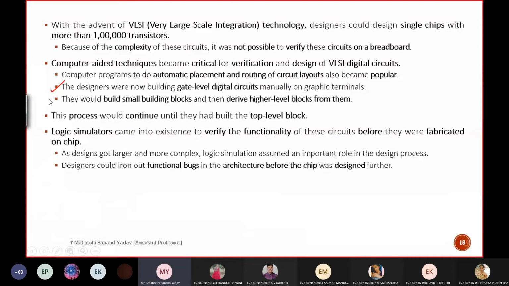The designers were now building gate level digital circuits manually on graphic terminals. They would build small building blocks and then derive higher level blocks from them. Suppose I want to design a half adder, what components do I need? One XOR gate and one AND gate.